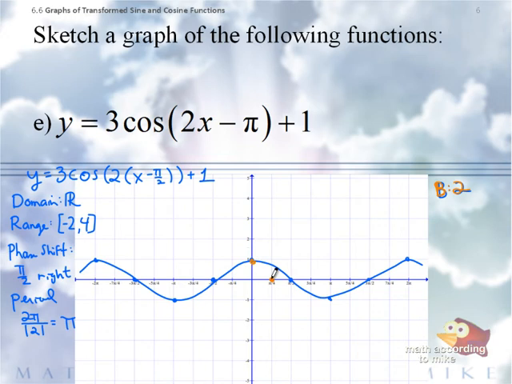And if you think about it, all the important points that happened at pi over 2 intervals for the original graph, divided by 2, are now going to happen at pi over 4 intervals, which in our case is every tick mark along the x-axis. On your test, you're going to have cosine of 78x, which means you have to divide every coordinate by 78. Good luck with that.